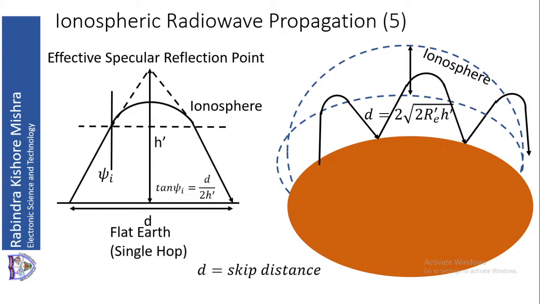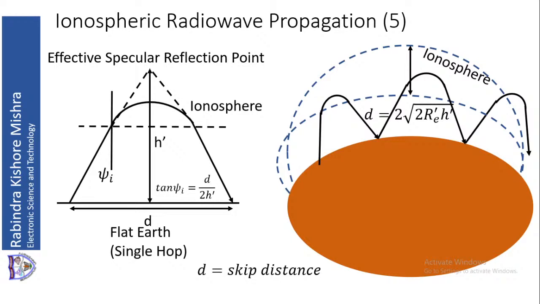So using a simple flat earth model, we have seen that virtual height, incident angle and skip distance are related by the expression tan psi I is equal to d by 2 h dash, which implies that the wave is launched well above the horizon. If the wave is launched well above the horizon, then the single hop model is correct.